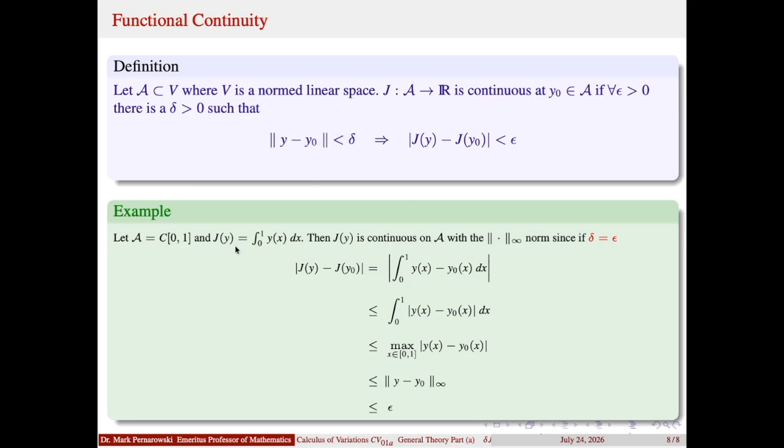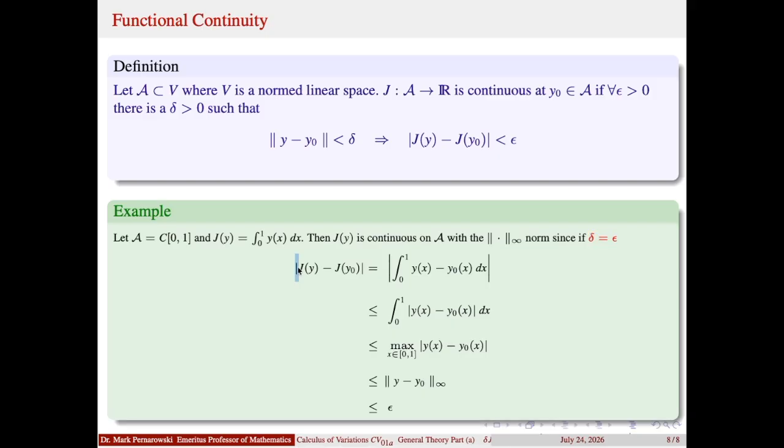Here's an example. The admissible set will be continuous functions on [0, 1]. The functional is the one that computes the integral. J of y is continuous on A with the infinity norm, I claim, since if delta equals epsilon, the following is true. How do I prove this?